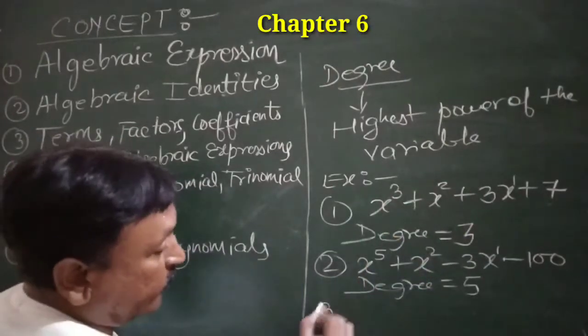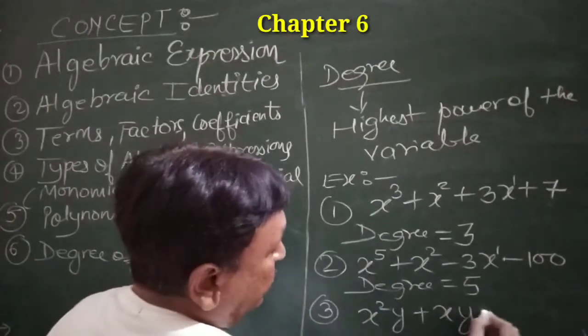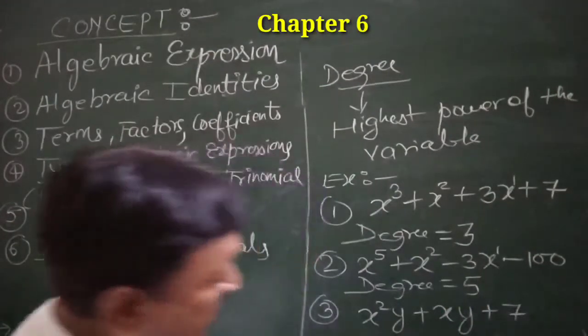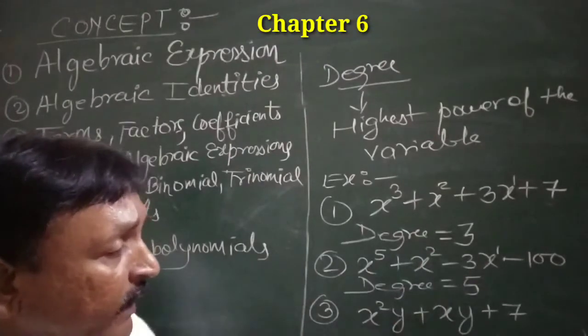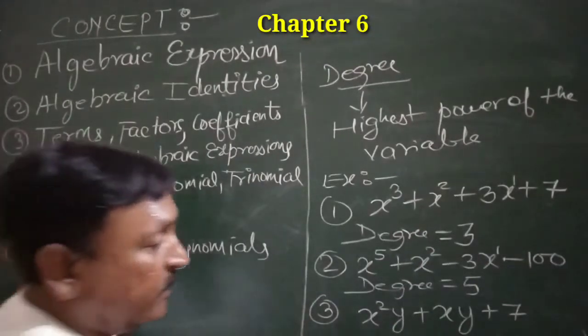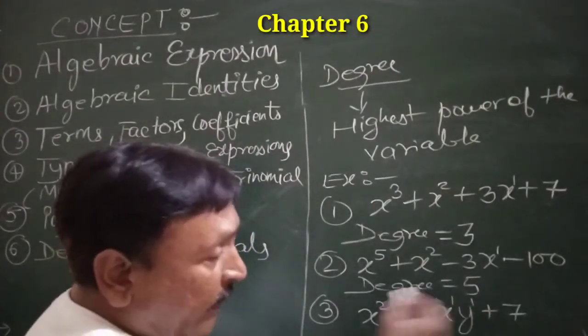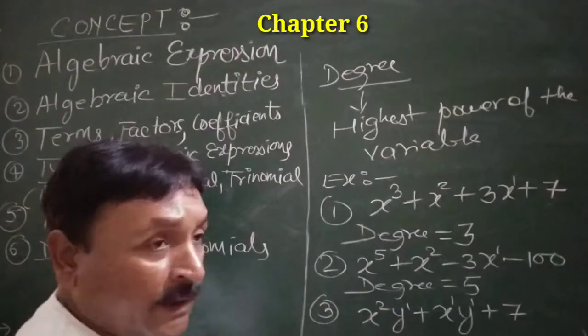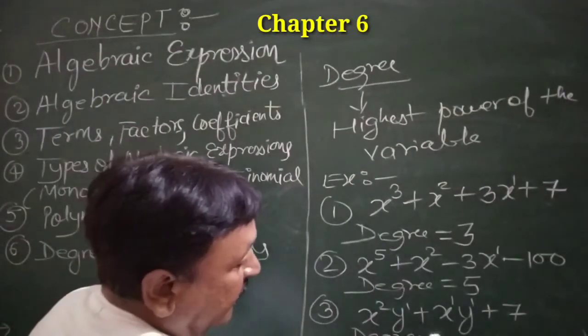Suppose it is like this, x square y plus xy plus 7. How many variables are used now? x and y. So you have to see the combination. Here 1 plus 1, so this term's power will be 2. 2 plus 1, this term's power will be 3. So its degree is 3.